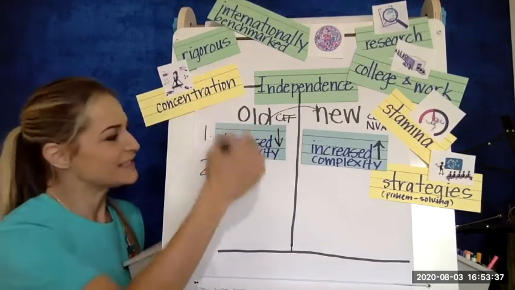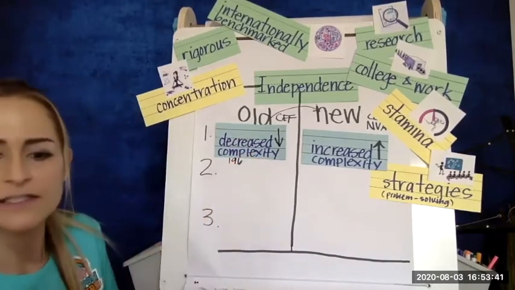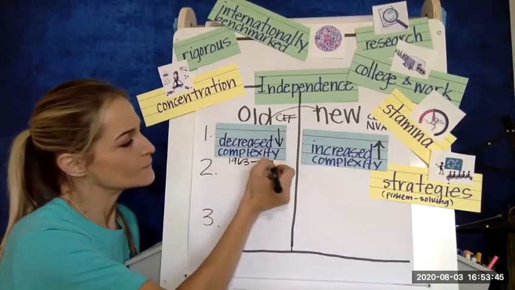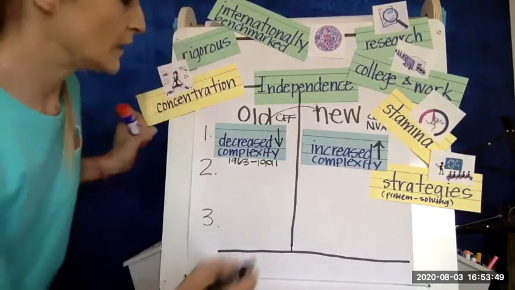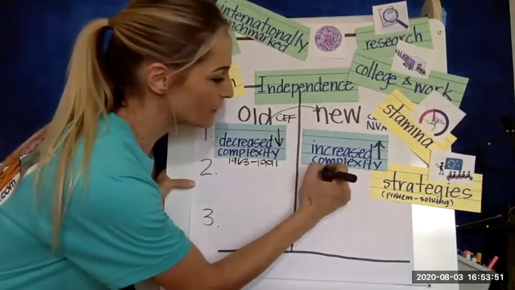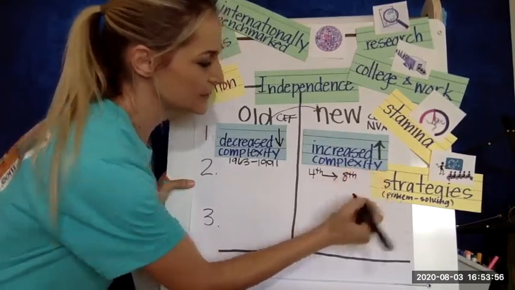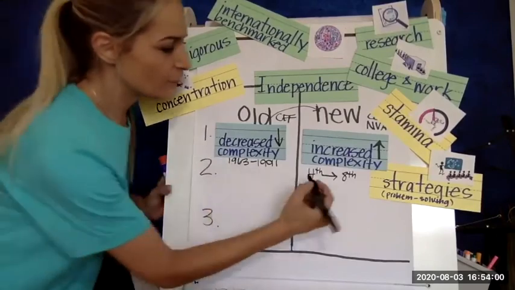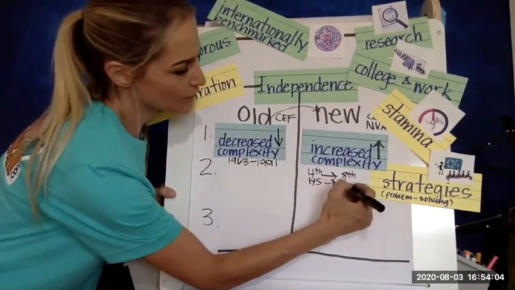Because of this decline from 1963 till 1991, the decrease in complexity created a gap. It would be like a fourth grader going into eighth grade the next year. That's what it was like for our high school kids who were going into college.